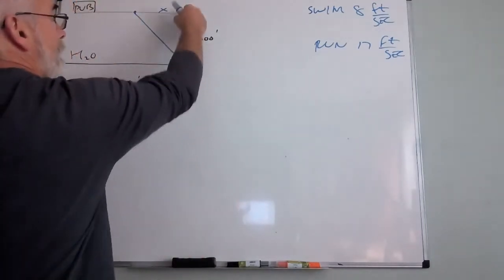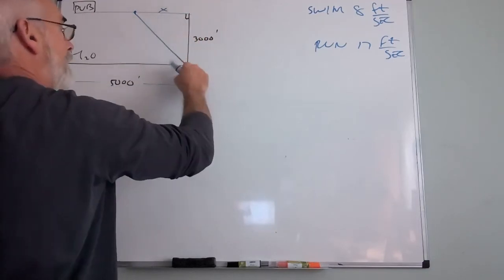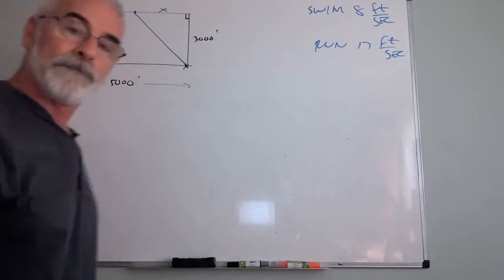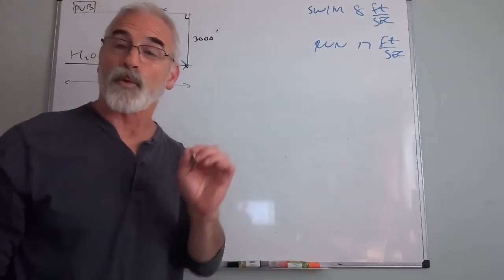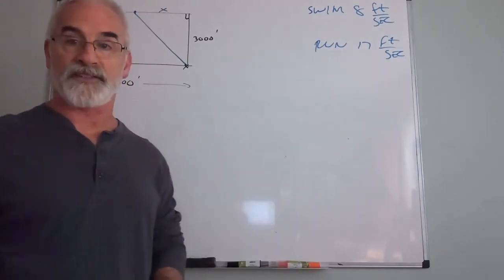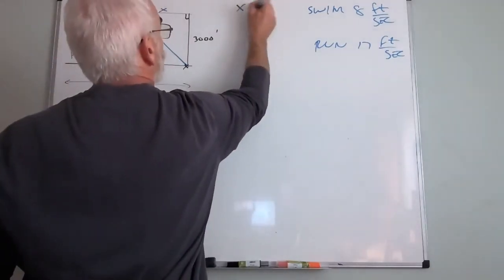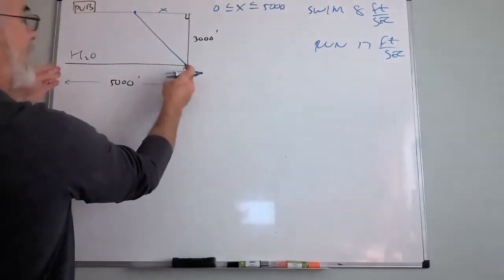It might turn out that X is 0, which means I'm swimming straight across. It might turn out that X is 5,000, which means I swam the whole way. Or X might be some number in between. We're going to let the calculus dictate what X is going to have to be. But clearly, X is going to be between 0 and 5,000 because it's 5,000 all the way across.